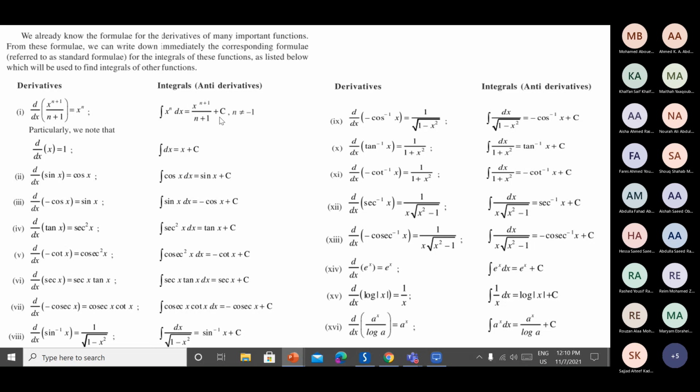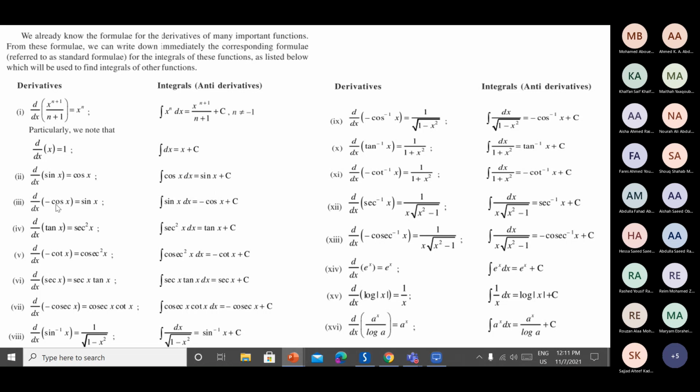I am adding 1 to the power and dividing by the new power, and I'm adding the constant of integration. Okay. Also, the derivative of x is 1. So when I'm integrating 1, here is 1, but we don't always write it. The integration of 1 dx is x plus c. And I know the derivative of sine x is cosine x. So the integration of cosine will give me sine x.